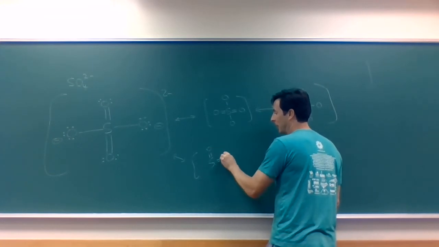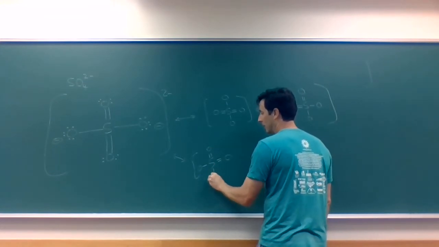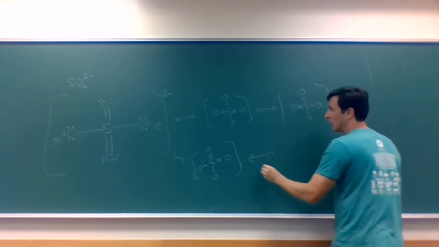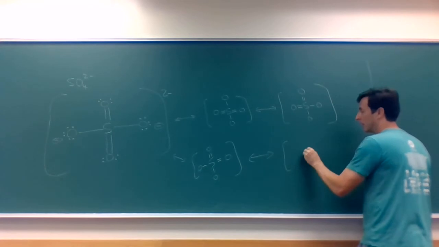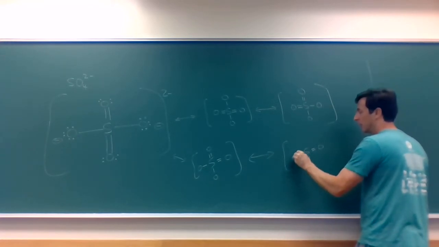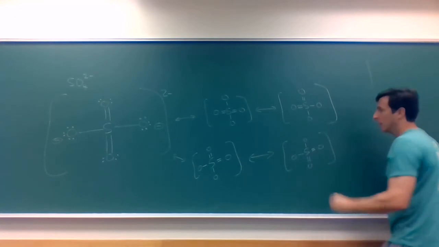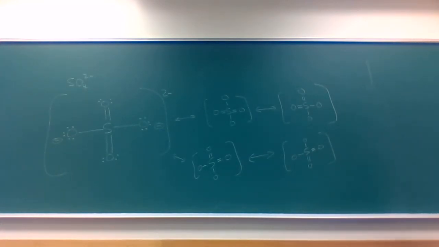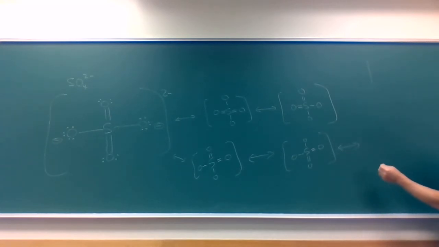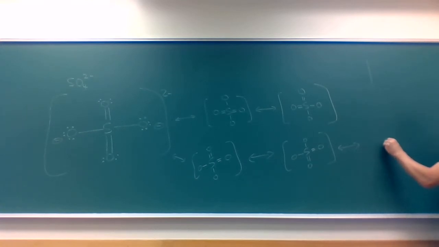Let's see, up and right. So that's 5. 1 more. Double bond down, double bond left, single bond up, single bond right.